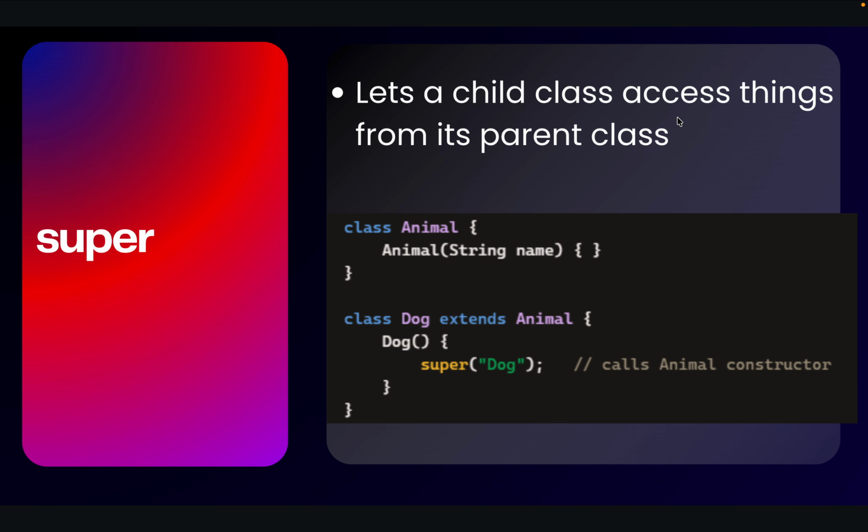Except here, because it is inherited, when you use super, it automatically knows that we need to find the parent class or the class that is being extended in this class. So in this class, when we say super, it automatically knows animal based off of that extension we stated. So instead of saying animal dog, we're just saying super dog here, which will then call that animal constructor.